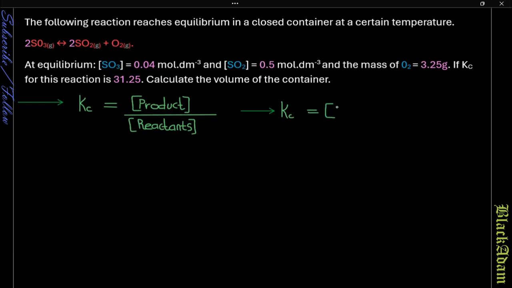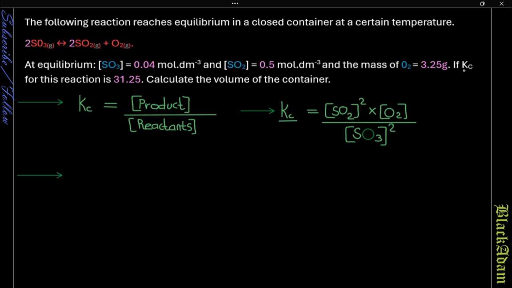So it's going to be the product of sulfur dioxide, and then we have a coefficient of 2, so it becomes an exponent. And we have oxygen gas power 1, so we leave it as it is. So we have the reactant, which is sulfate. Sulfate has a coefficient of 2, and that becomes the exponent 2.